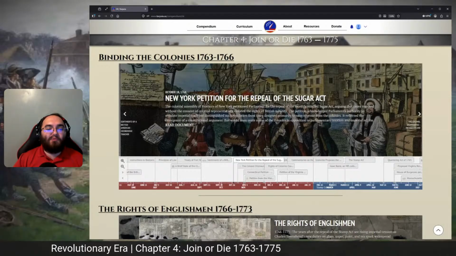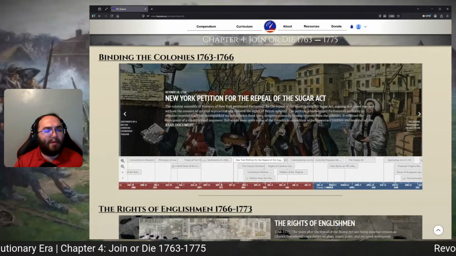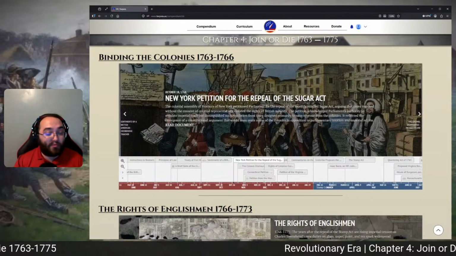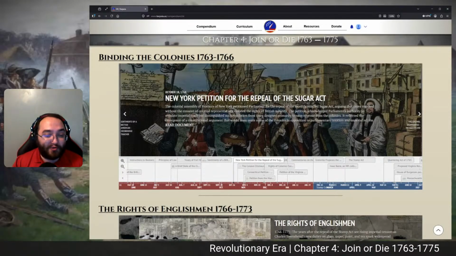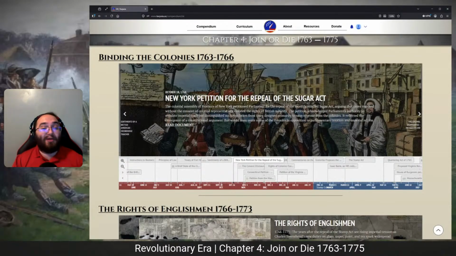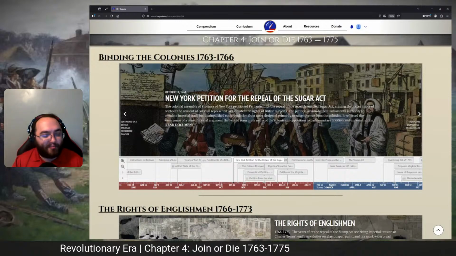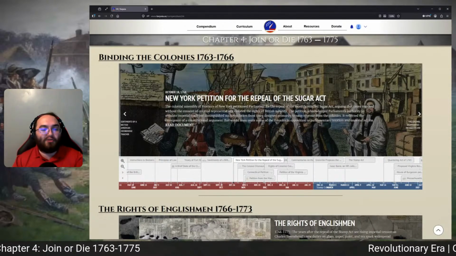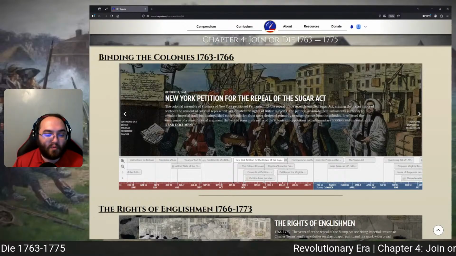And so the whole idea that the colonies are not paying their fair share in taxes, well, at least New York was paying their fair share of taxes. So much so that Parliament recognized that they were paying above and beyond their fair share in contributions to the French and Indian War.